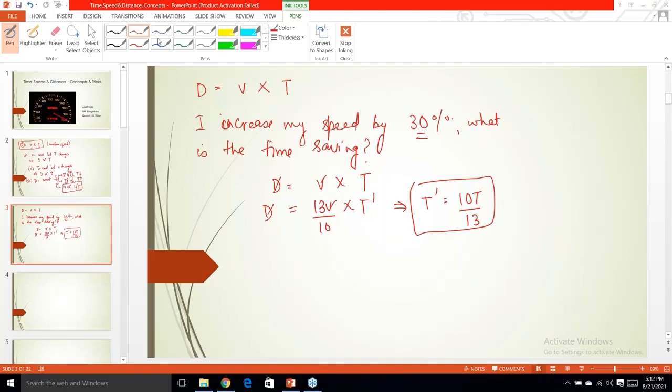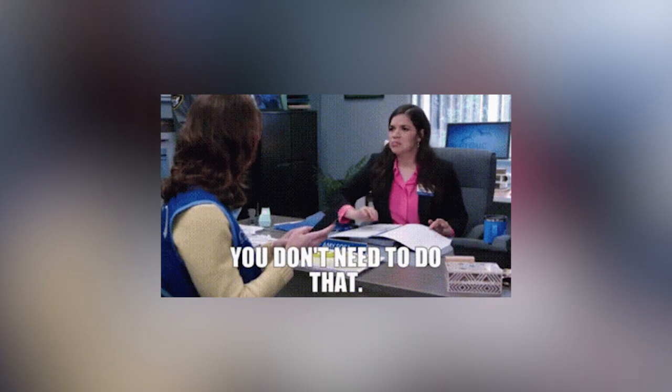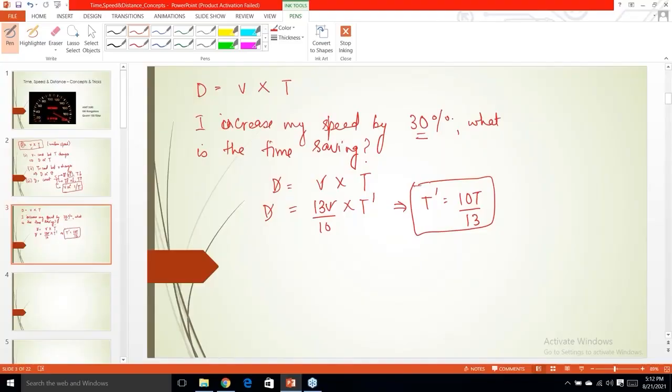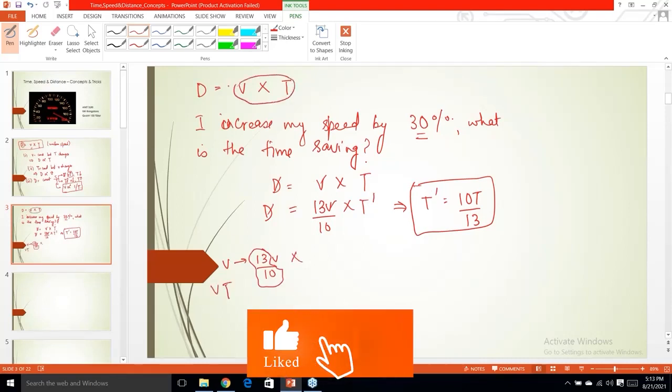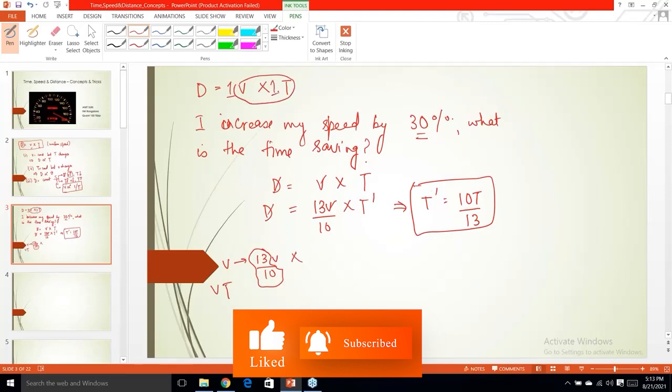Okay, fine. So you don't even need to do this. I just wanted to explain that this is how it's happening. What you need to understand is that if v changes to 13v by 10, right? Look at this coefficient. This is 13 by 10, right? You need to multiply it by something so that finally it becomes vt, right? Because vt was your original distance, which means that here also the coefficient was 1, here also the coefficient was 1.